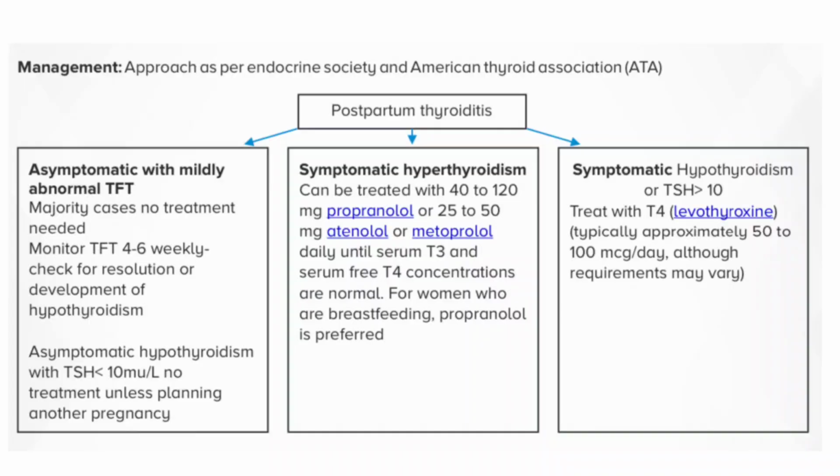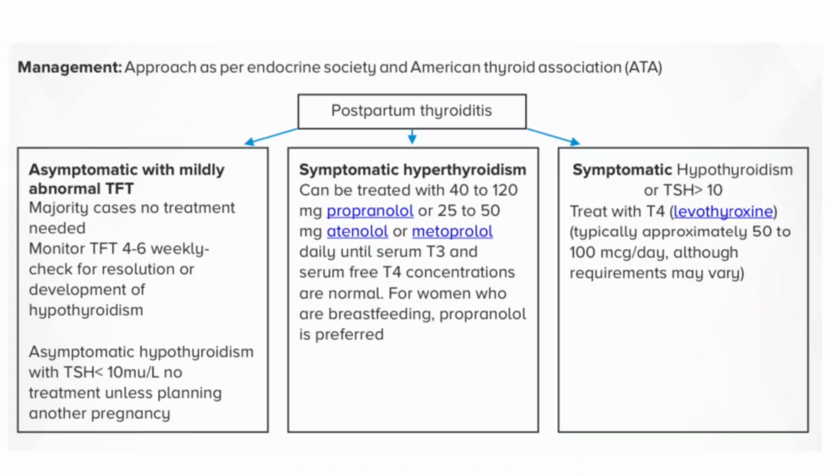But if the patient is symptomatic, meaning the free T3 and free T4 levels are on the higher side and the serum TSH is very low, then these patients can be treated with a beta blocker in a dose of 40 to 120 milligrams.